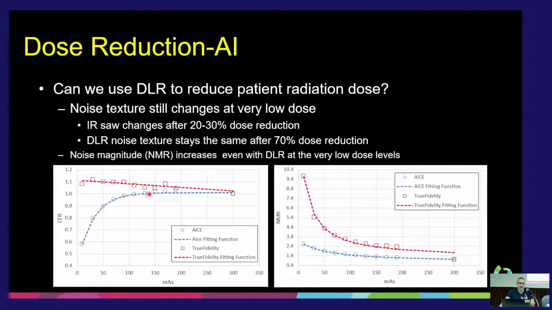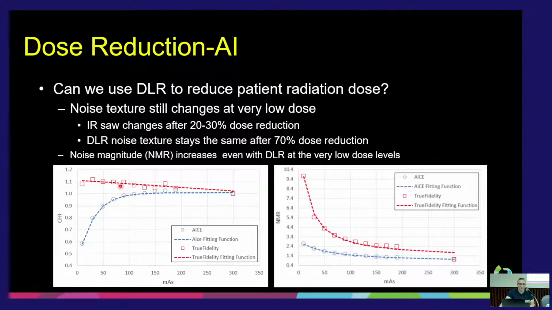The biggest trade-off for that, though, is the noise magnitude ratio. So if you're going from basically here to about 190, you can see one will increase a little bit more noise than the other. But if you go that same ratio right here, everything's based off of one, you can see that the noise texture really largely stays the same.